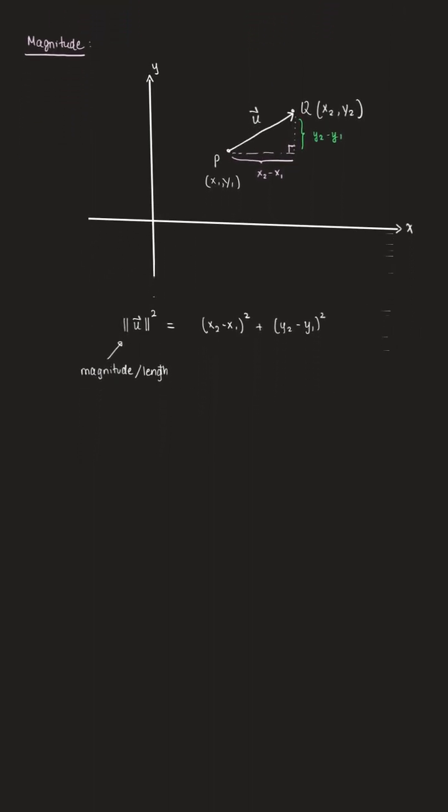If I just want the magnitude, I can take the square root of both sides. So the magnitude of u is going to be, we'll take the positive root, because magnitude will always be positive since it represents a length, the square root of x sub 2 minus x sub 1 squared plus y sub 2 minus y sub 1 squared. So that is the magnitude of a vector u.